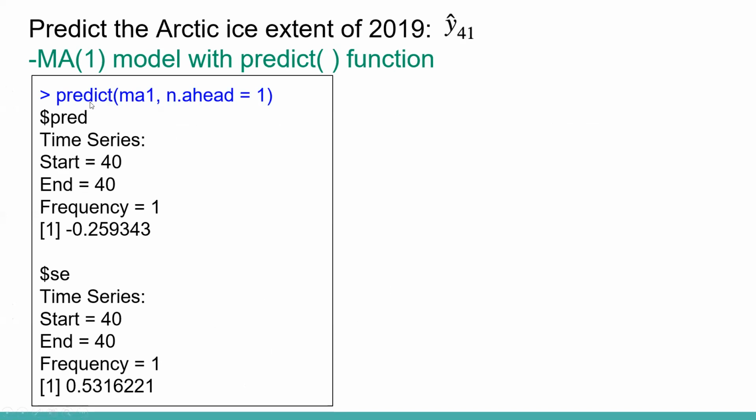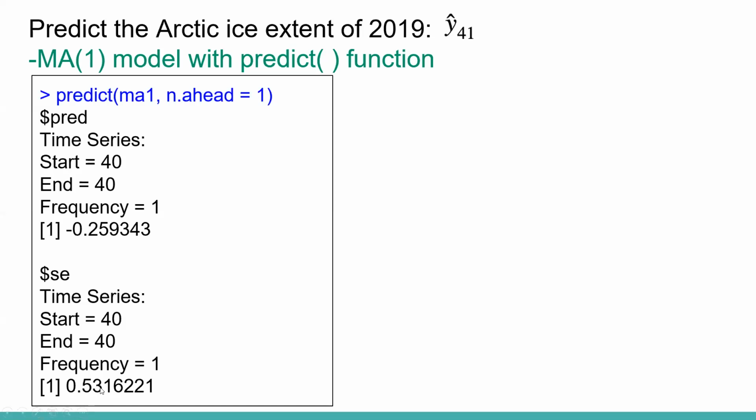And this is going to be the code. I'm actually going to base that on the MA of order 1. Can you see that now? That is going to be my prediction right here. And what I have right here now is going to be the standard error, because the prediction will come with a standard error.